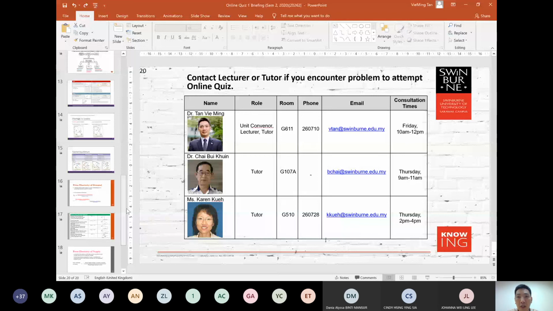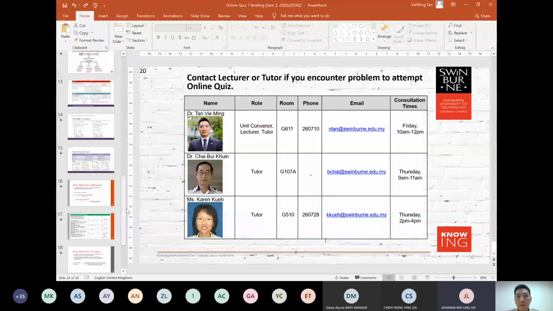Have you all received email from Swinburne? So if you have free time, you can try to attend the survey. It's only for 1 week, until Sunday, 12 o'clock night time.